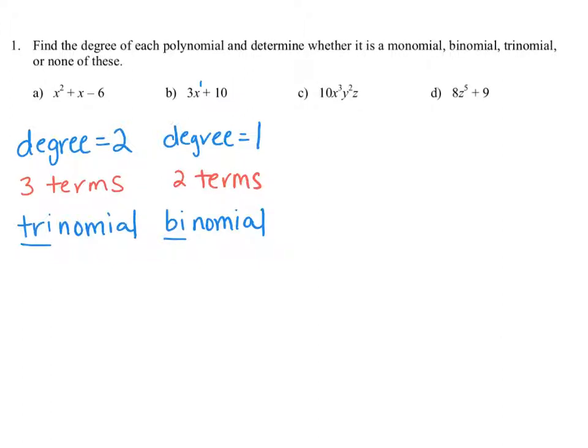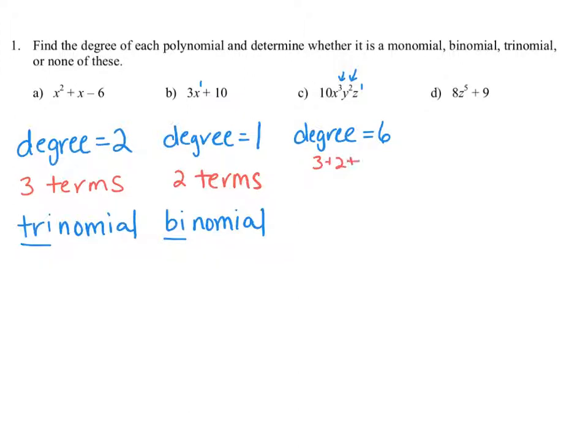Now the way that we figure out the degree of the polynomial in example C is looking at the exponents of the variables. This is all one term, so the degree is found by looking at all those exponents in that single term and adding those together. So the degree is 3 plus 2 plus 1, which is 6. Again, we're looking at the variable exponents of that single term.